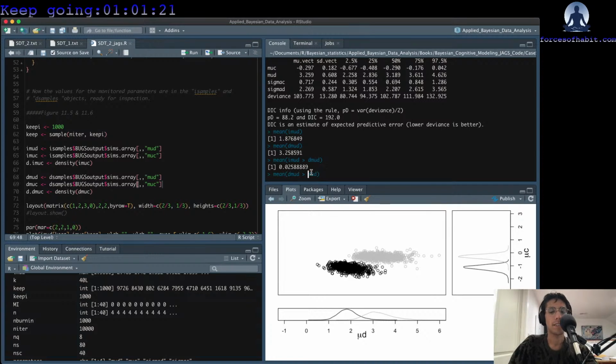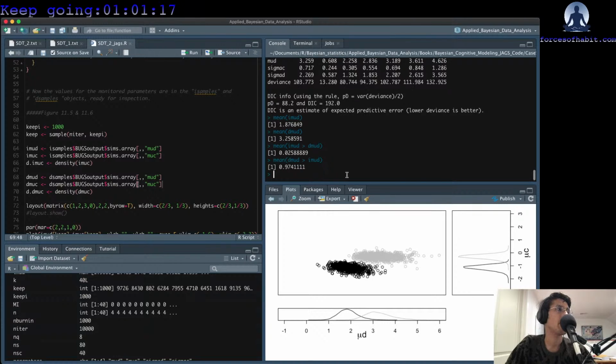I can just ask, how often is dmud bigger than imud? And the probability is near 1, so it's large, right? And then likewise, you could do the same for dc.